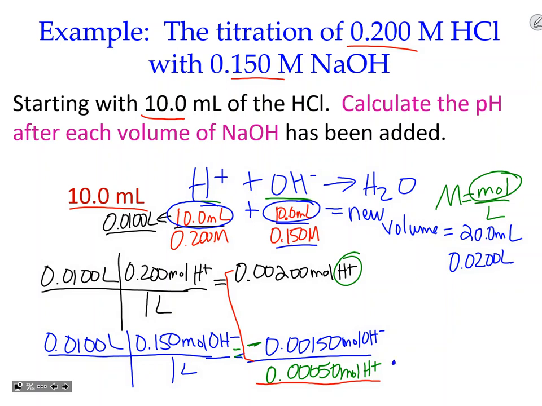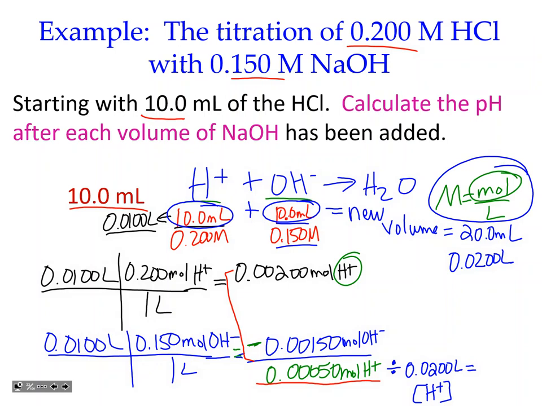So we need to take this and divide it by our new volume. That will give us the concentration of our H+, because remember, molarity is moles divided by liters. So what is our new concentration here?